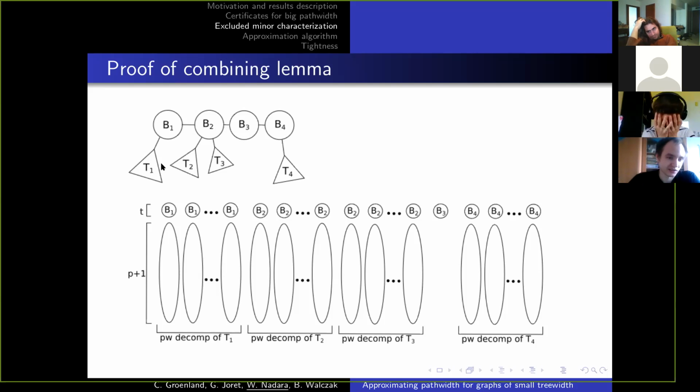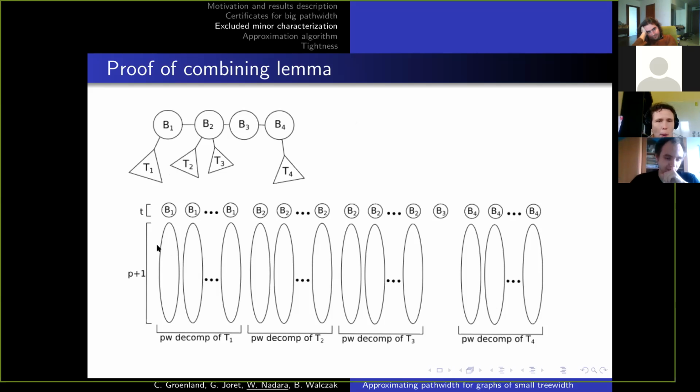So you have, let's say, one subtree T1 that is attached to bag B1. And we know that we can find a path decomposition of T1 with width at most P. We'll look at these subtrees from left to right, and we'll concatenate their path decompositions in that order: the path decomposition of T1, T2, T3, and then T4.